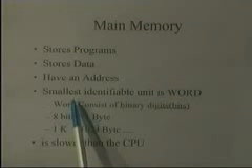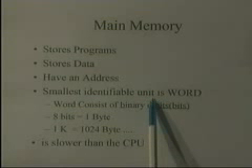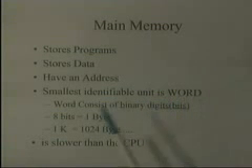The other term associated with the memory is that the smallest identifiable unit in the memory is the word. In fact, word is one of the most ill-defined terms in computer science.